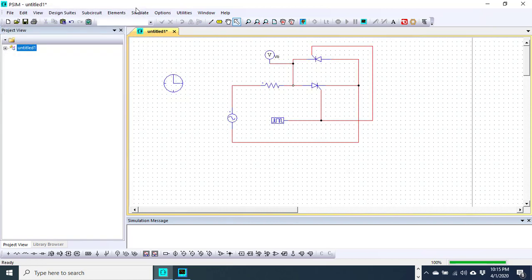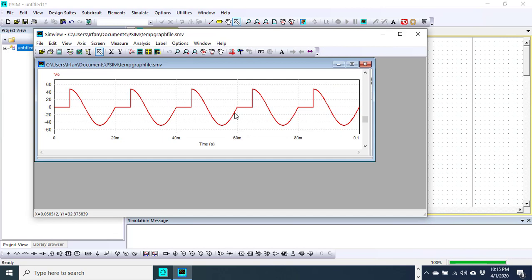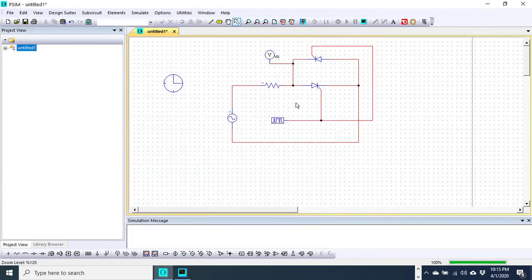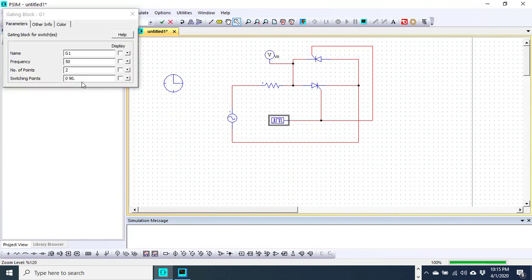Okay, so if I press the simulation button, as you can see, I have to change again the switching points.